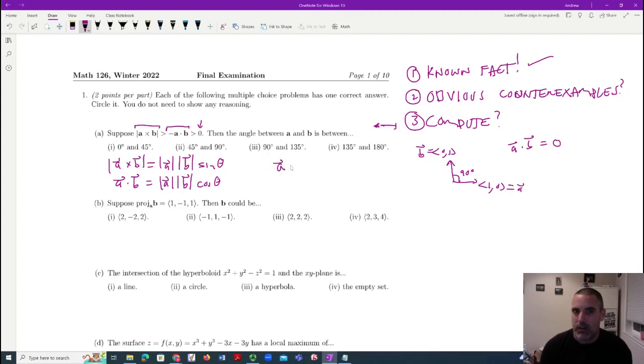My other thought is the dot product is positive when the angle is acute, and the dot product is negative when it's obtuse. So now's when I'm starting to kind of go between. Even just running that example helped me because I was like, oh yeah, 90 degrees makes it 0.